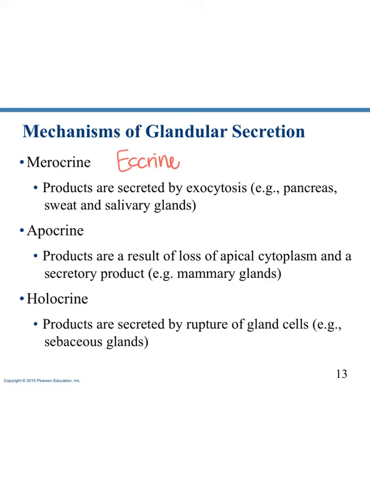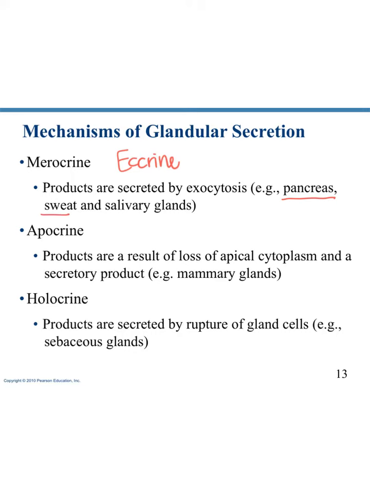Apocrine, the products are lost as a result of the apical cytoplasm and the secretory product. Examples of these in the body would be in the pancreas, secreting the digestive enzymes, sweat glands in the skin, as well as salivary glands.